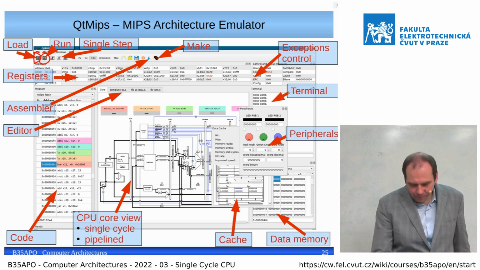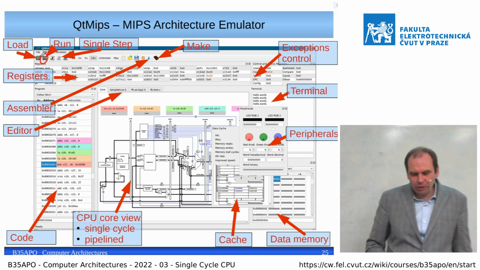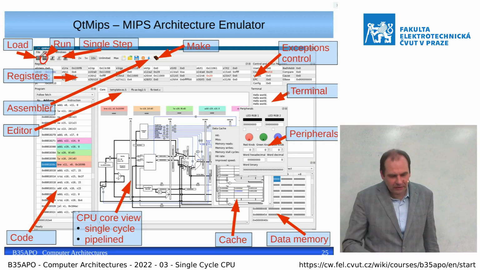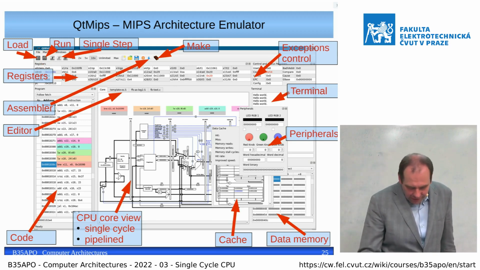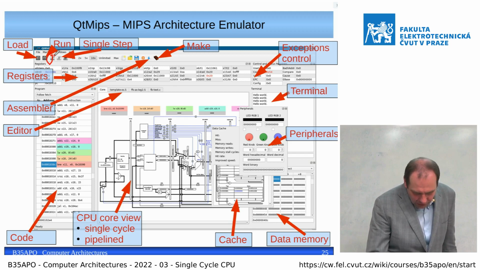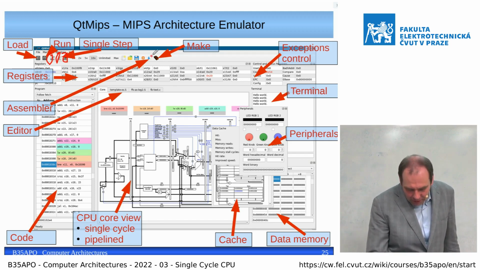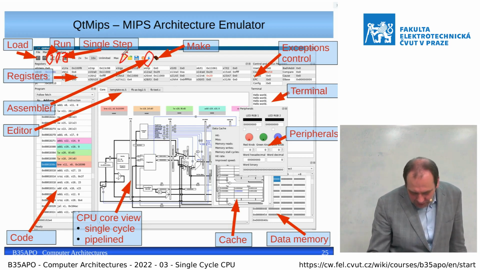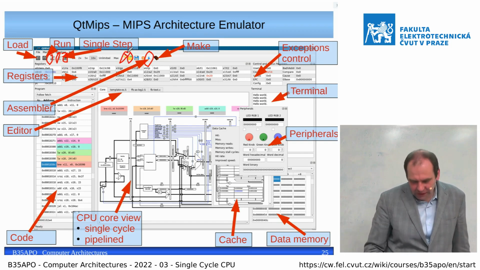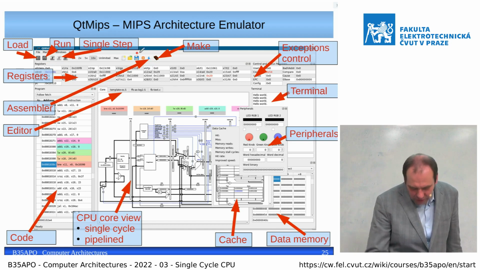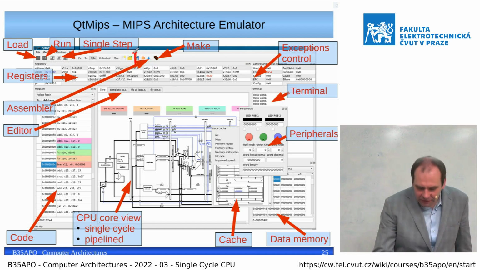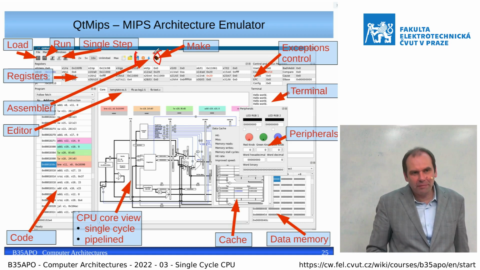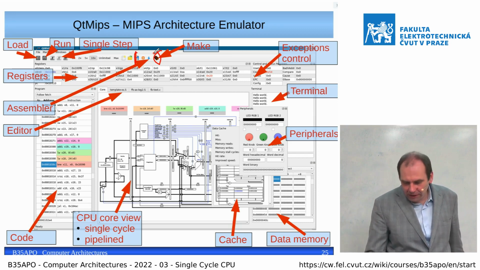Another button allows restarting the application, and another one allows running, stopping the running code, single stepping, and building the code in the internal assembler. If you open the editor for new code or open external code, you can store the code in assembly language. And there is even a possibility to call the external make utility, when you can compile actual C code.